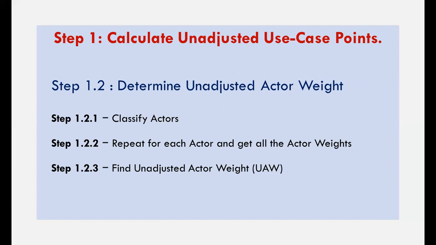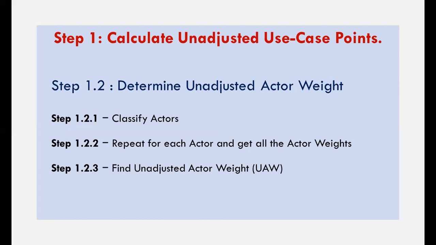So in step 1.2.1, we need to classify the actors as simple, average and complex and assign actor weights as shown in the table. For simple, a system with a defined API, the actor weight will be 1.